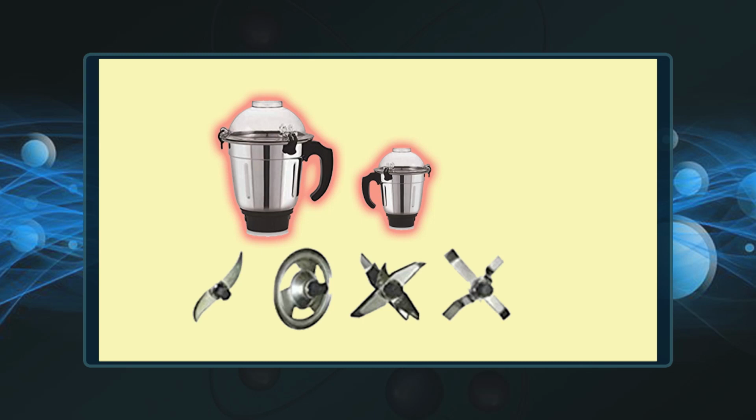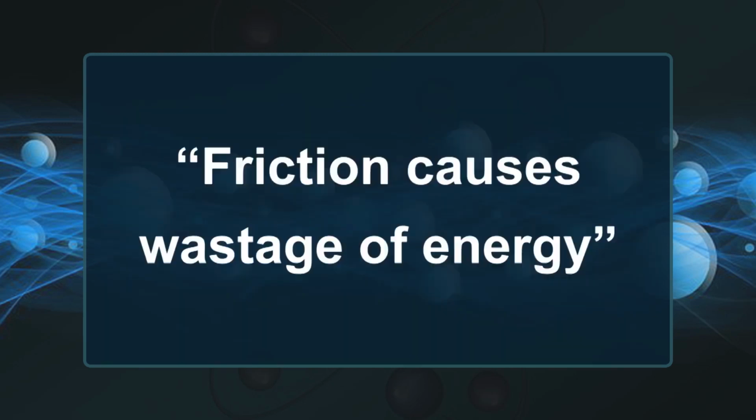What does it mean? It means that some of the energy given for moving the objects is converted into heat and it is lost. Since we are losing the energy, in this situation also friction is an undesirable thing. So, friction causes wastage of energy also.